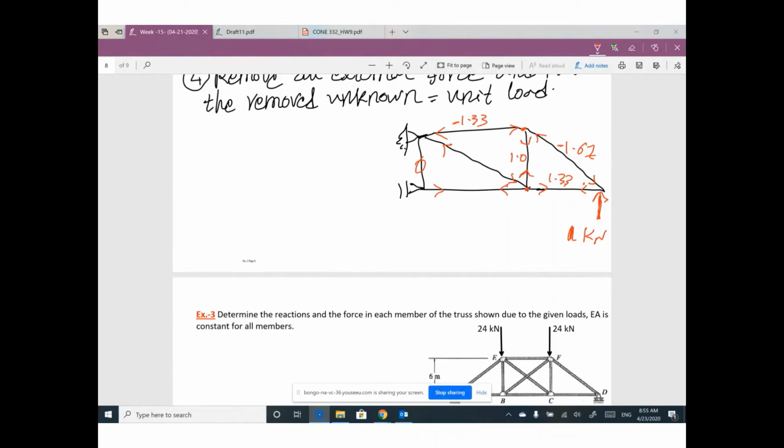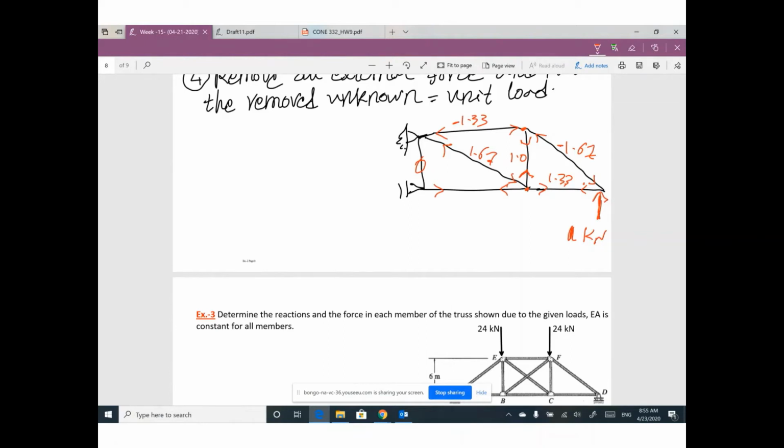So I think 1 divided by 0.8. Oh, no, wait. 1 divided by 0.6, 1.67. This one will be 1.67 times cosine 0.8.